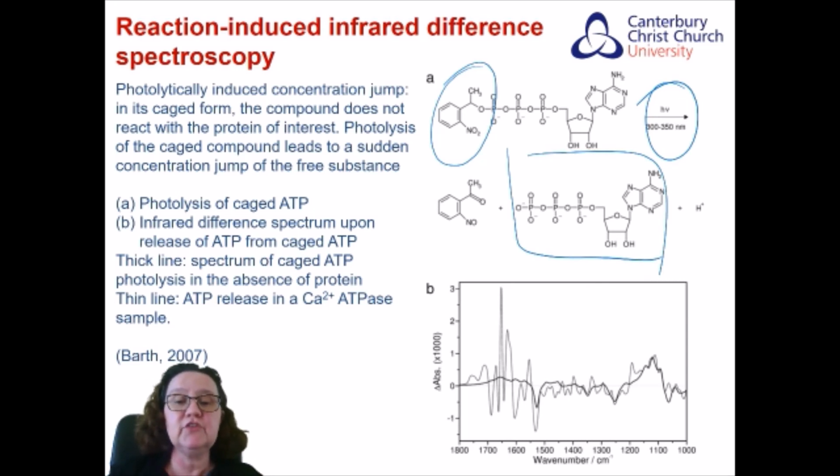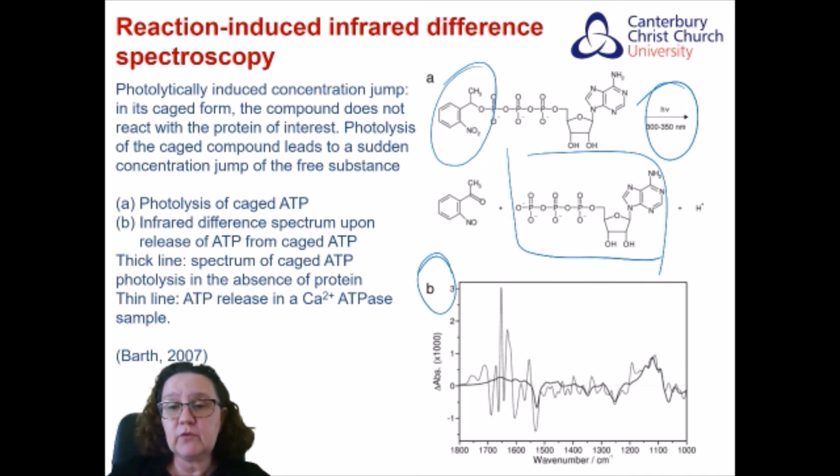And in this example, this spectrum here is the behavior of a calcium ATPase sample. So the thick line in the spectrum is the caged ATP with no protein.